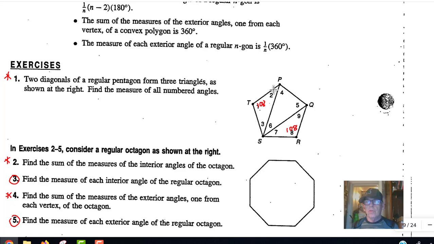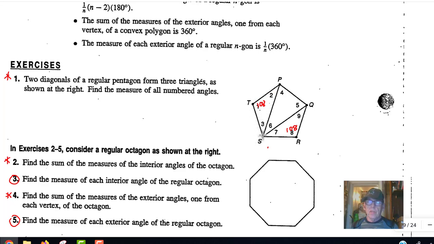Angle 2 and 4 is going to be 108. Angle 5 and 9 is going to be 108. Angles 3, 6, and 7 are all going to add up to be 108. The other thing we can do with this, to kind of give you a clue on this, TS and PT are going to be congruent because it's regular.